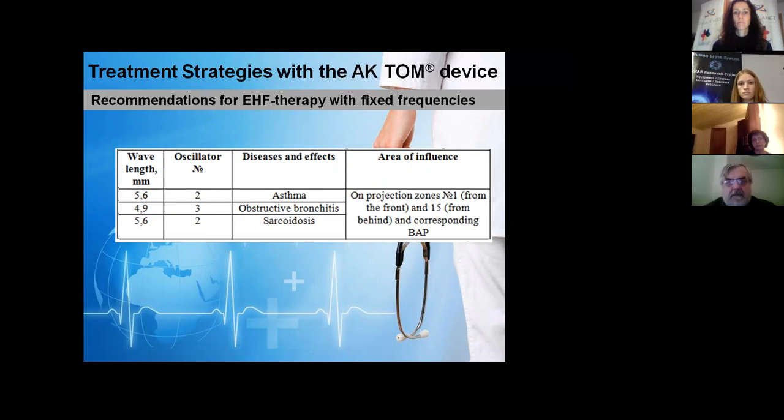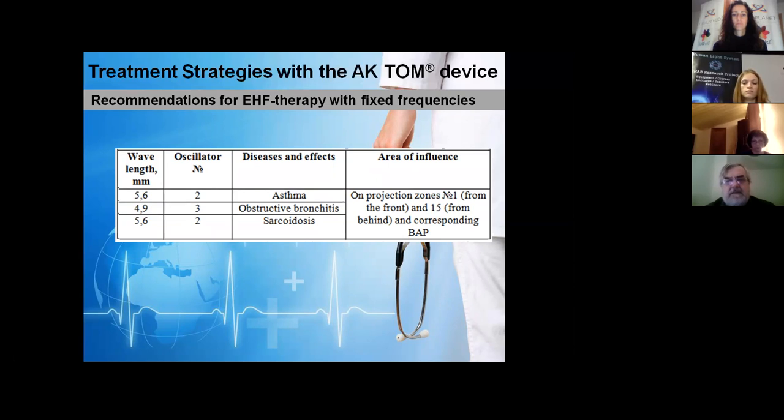Especially in the therapy for the respiratory system, you can use the so-called resonance oscillators with special resonance frequencies. You have the wavelengths of 5 and 6 millimeter. It's oscillator 2, which has a green sign and green plate, and 4 and 9 oscillator 3, which have the blue.